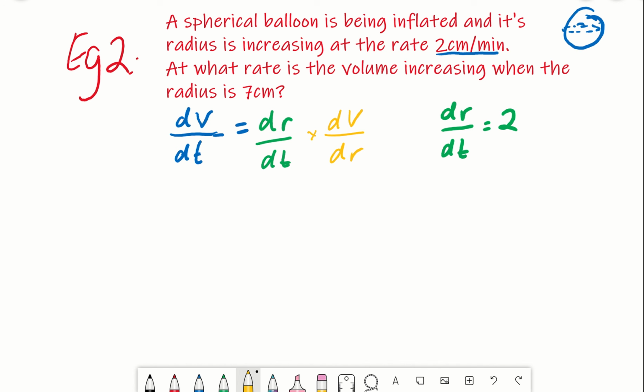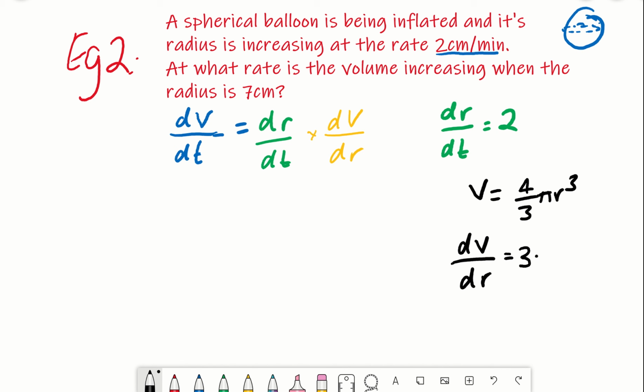Well, that's easy. I know that the volume of a sphere is 4/3 pi r cubed. So if I differentiate the volume with respect to r, I'm going to have 3 times 4/3 pi r squared. Cleaning that up, it's just going to cancel my 3's nicely, and I get 4 pi r squared.